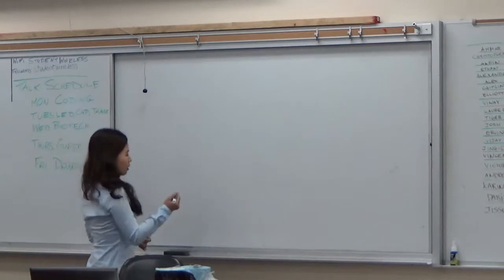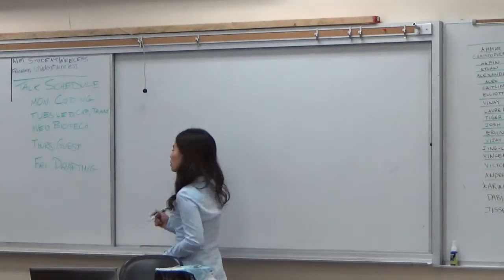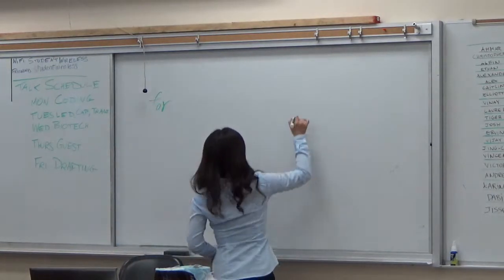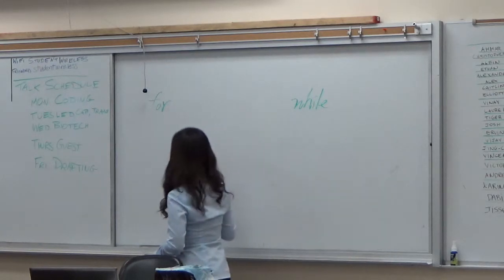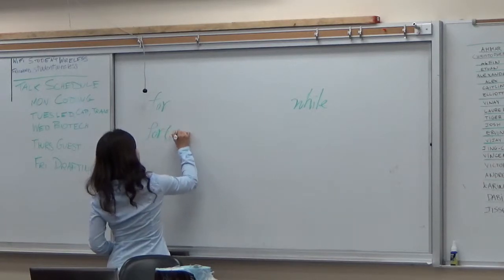Okay, so there are two most common loops we use. One is the for loop. The other one is the while loop. So for loop, it will probably look like this when coding.